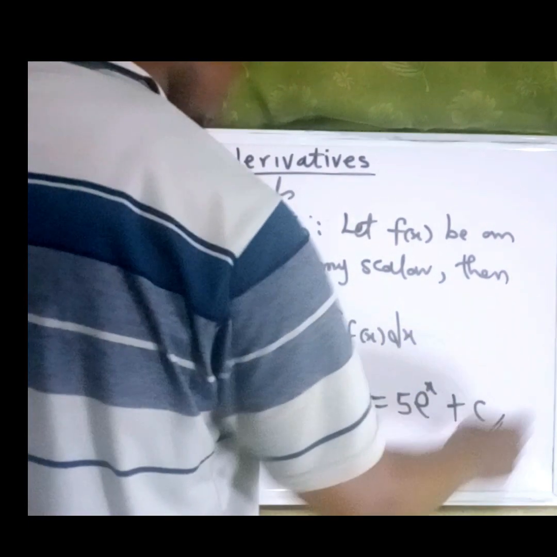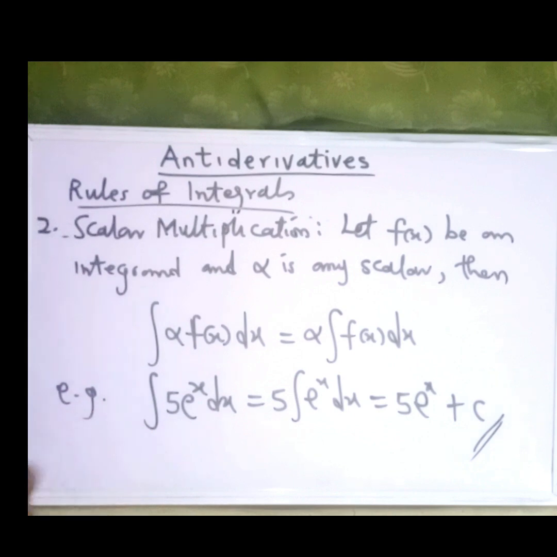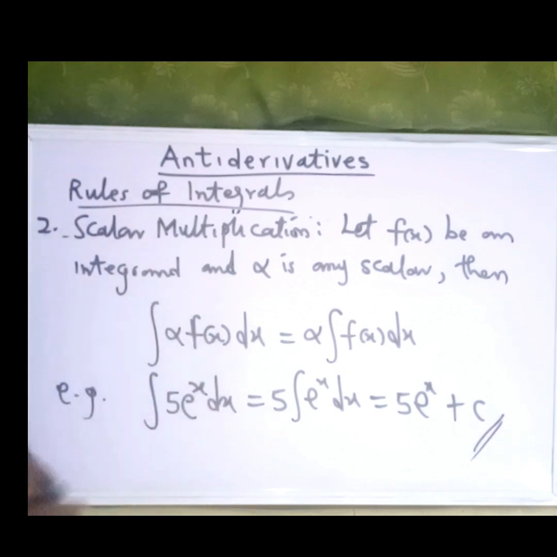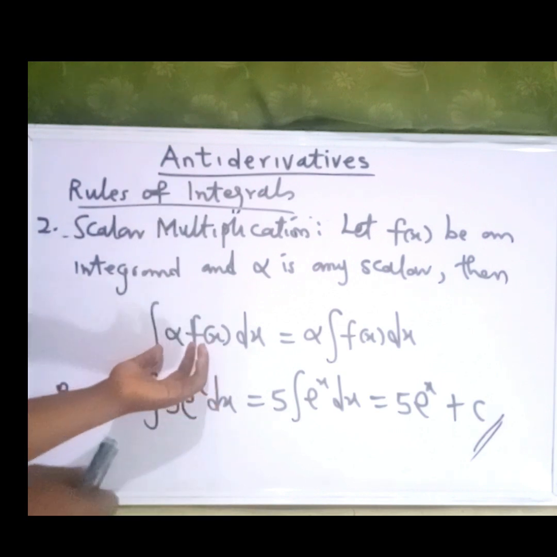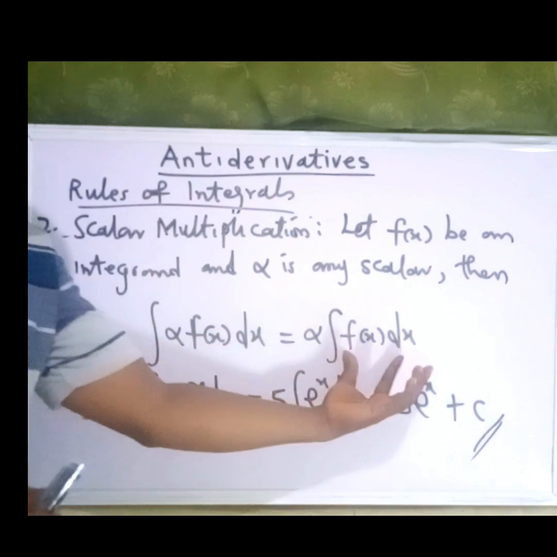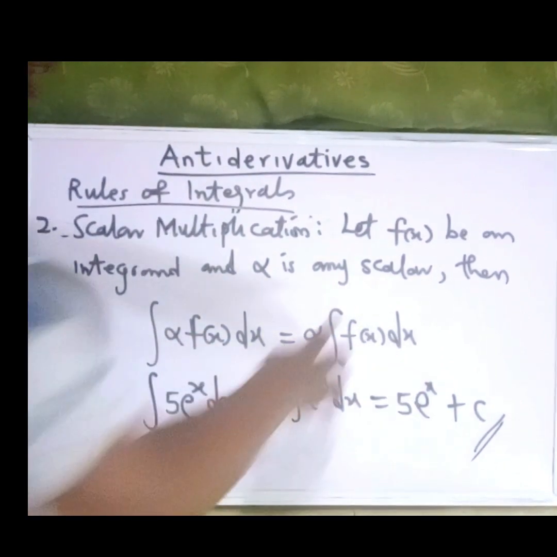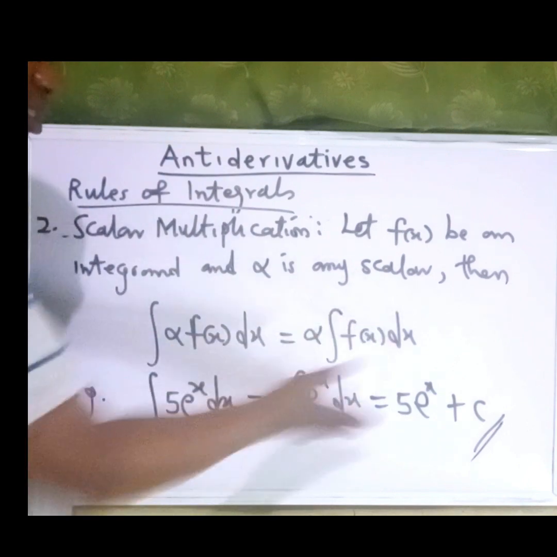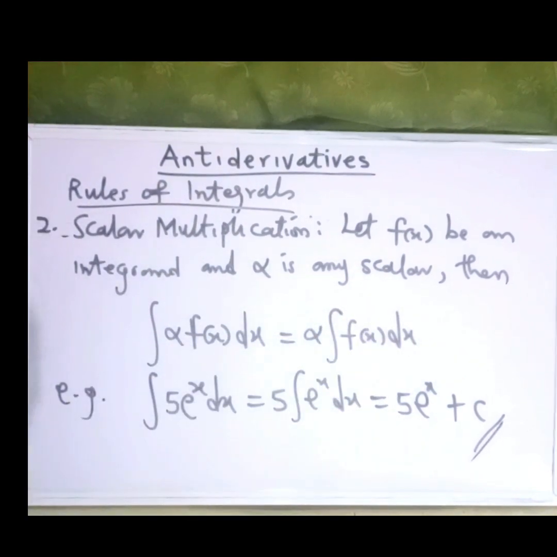This will be plus c. So that is that on scalar multiplication. Anytime we have a scalar multiplying an integrand, it's wise for us to bring it out like this and then do the normal integration. Whatever we do there, if we factor this, it affects what is inside, then we do that to get the final result. So the next thing is integration by substitution.